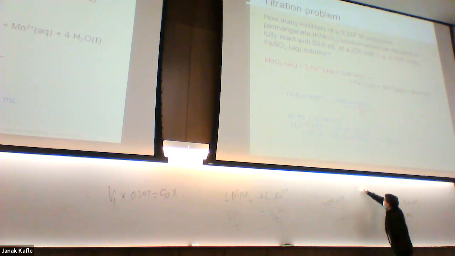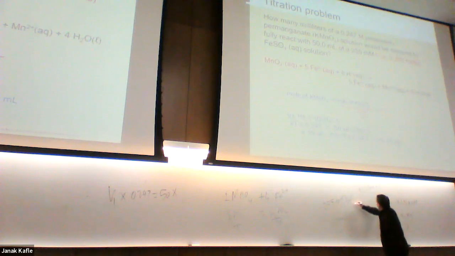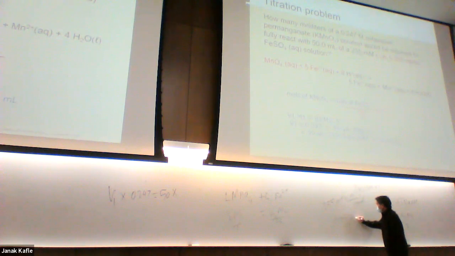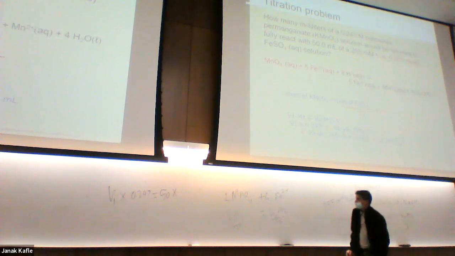One molar is equal to 1000 millimolar. So I put molar up here and 1000 millimolar here, so millimolar cancels. 255 by 1000 gives me 0.255 molar.